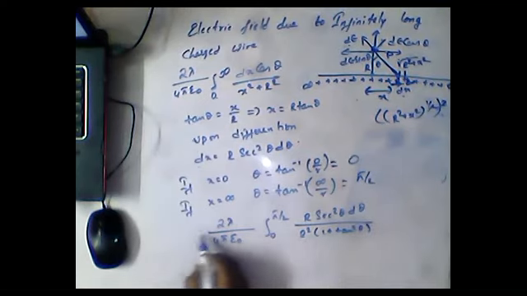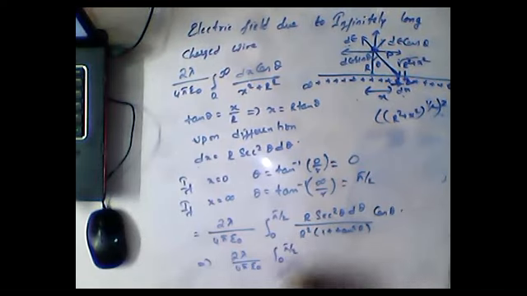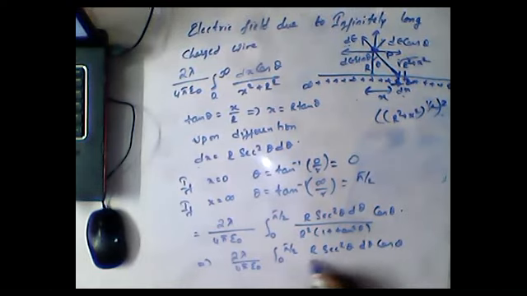So the whole equation can be changed as 2 lambda by 4 pi epsilon, integration 0 to pi by 2, r secant square theta d theta cos theta by r square secant square theta. Now r square secant square theta cancel, r will get cancelled.